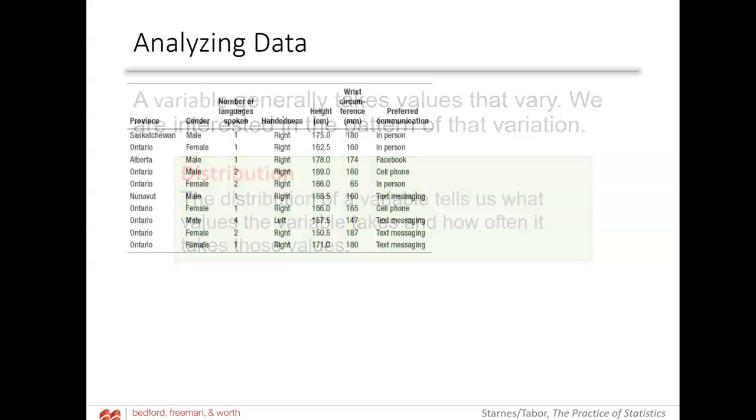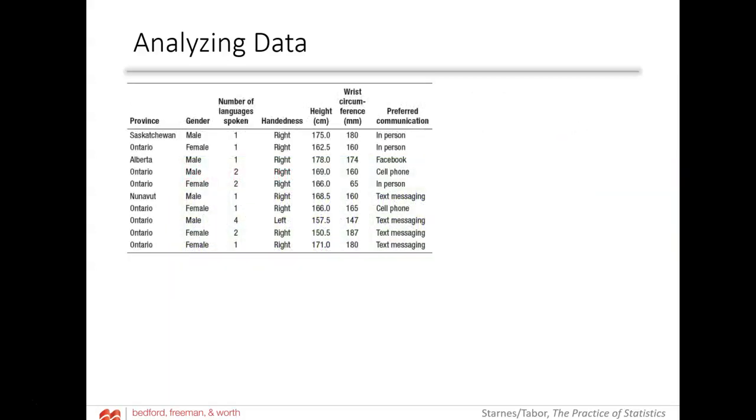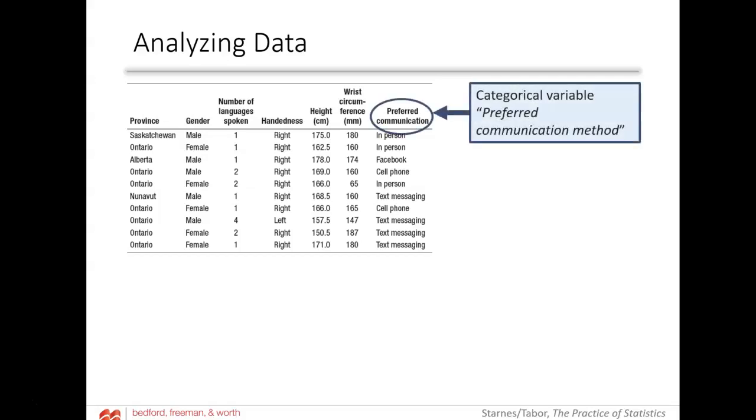So here we have a table. It's got a lot of information on it, right? So what we have here is they're talking, what are they talking about? All right, the province of Canada. Oh no, I'm sorry. We have individuals of people. We notice what province of Canada they're from, their gender.